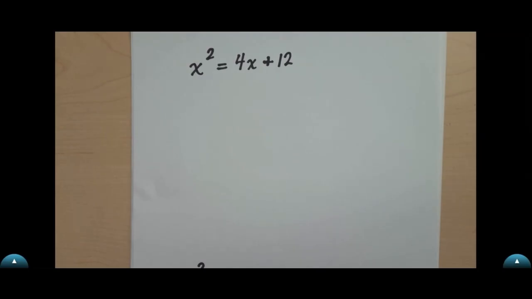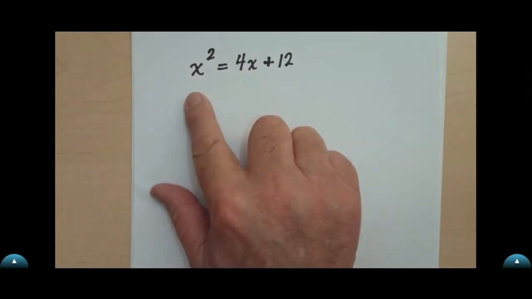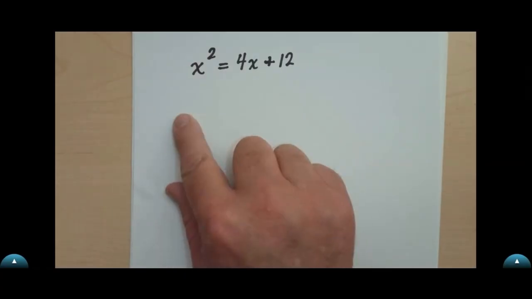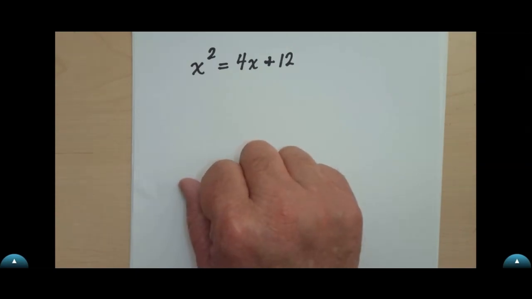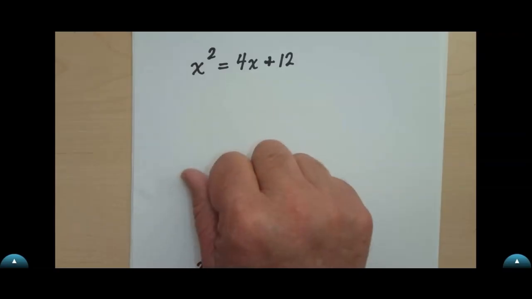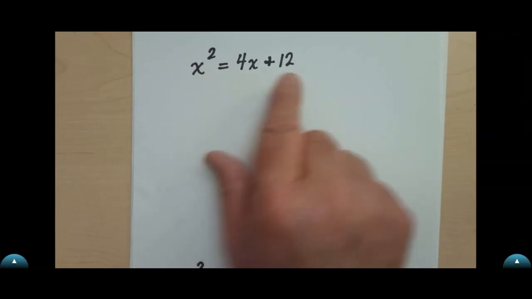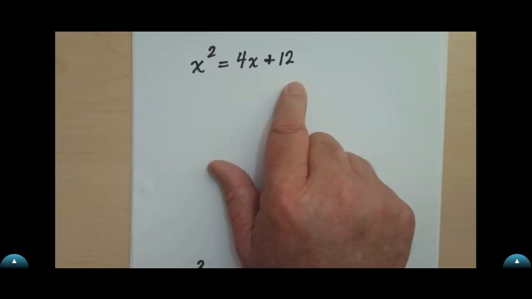So what I'm going to do is subtract 4x on both sides, and subtract 12 on both sides. I mean, technically, you could subtract x squared on both sides. That would give you 0 equals negative x squared plus 4x plus 12. There's nothing wrong with that.